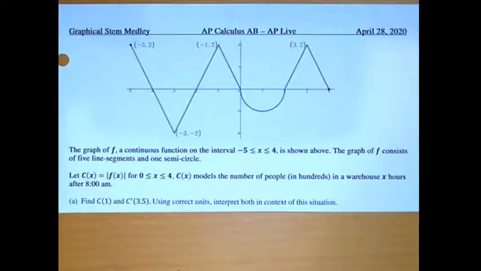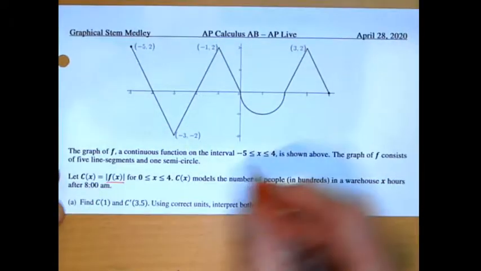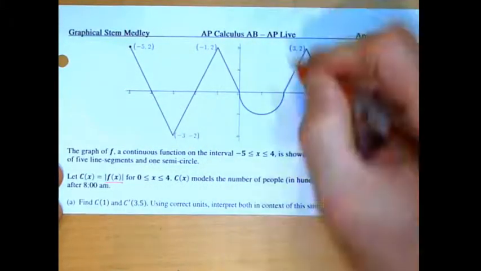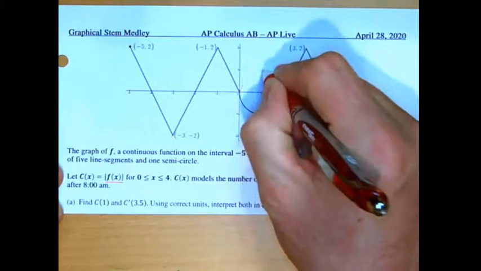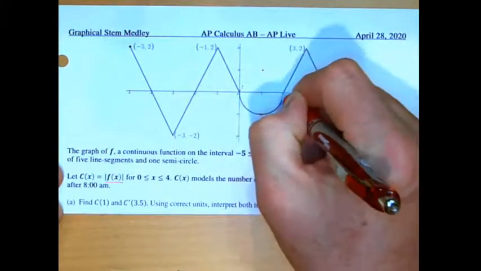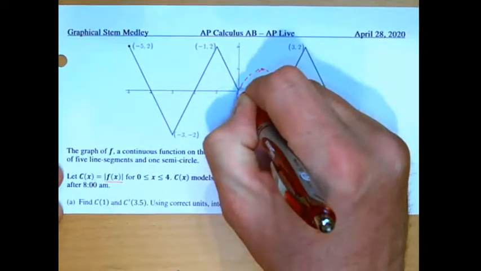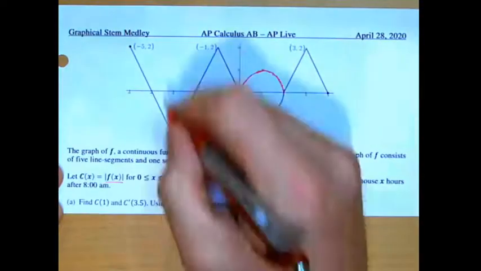All right, so looking at this, with the absolute value, anything that is below is now going to be essentially above, because when you take the absolute value, you're going to get everything above.